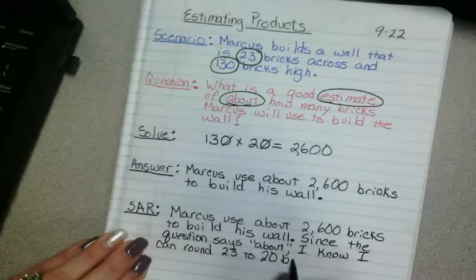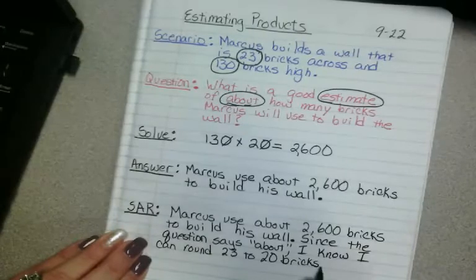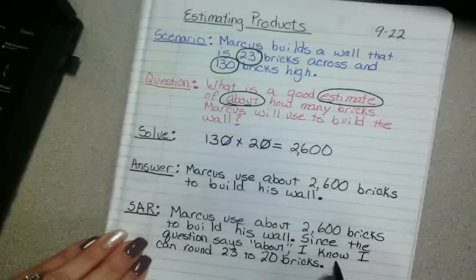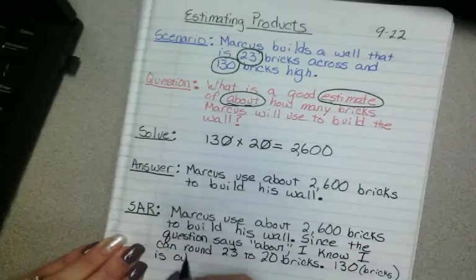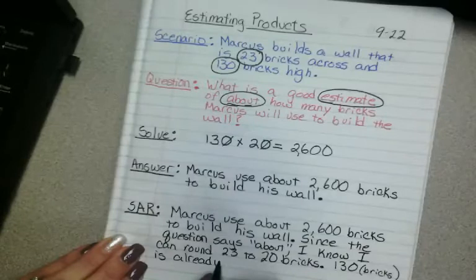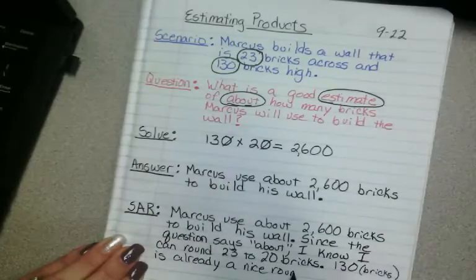And I'm going to put bricks. 130, and I'm just going to put in parentheses bricks, is already a nice round number.